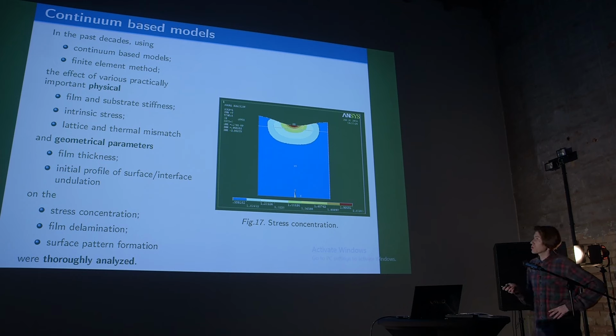Recently, these models were used to explore different physical parameters such as film substrate stiffness, stress states, lattice and thermal mismatch, geometrical parameters such as film thickness, profile, for example, profile of undulation.